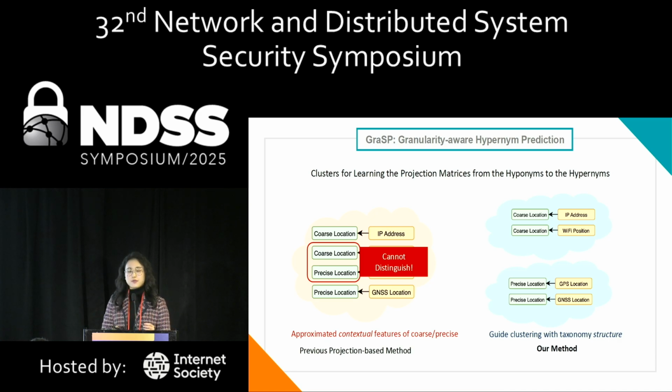Based on this observation, our method takes a step further by adding the relative position of the hypernym on the taxonomy tree to measure the distance to classify the data pairs. In our study, we group the pairs with different granularity layers into different clusters and learn the projection matrix separately, ensuring that the learned projection matrices are granularity aware.